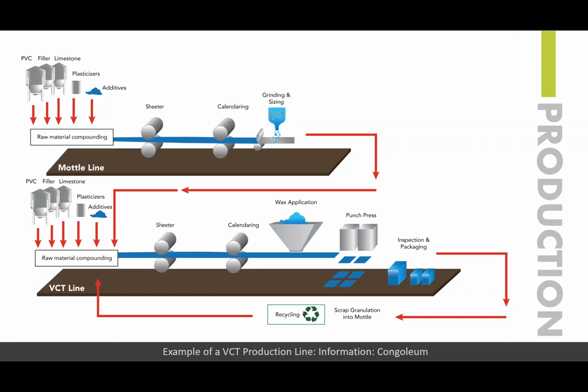VCT is a mixture of natural limestone, filler materials, thermoplastic binder, and color pigments. It's made by fusing those chips into solid sheets. So it's that model line process of the chips that is then included into the solid sheets and cut into tiles. VCT requires layers of polish to protect its porous surface, because limestone is the main ingredient utilized in VCT.